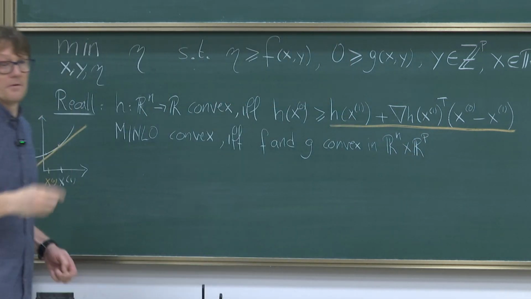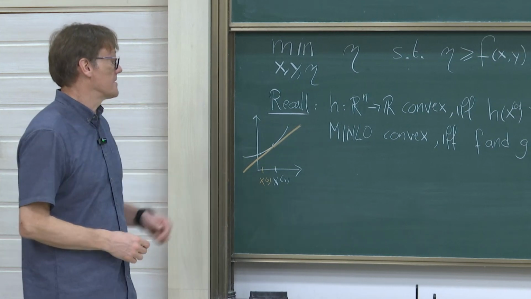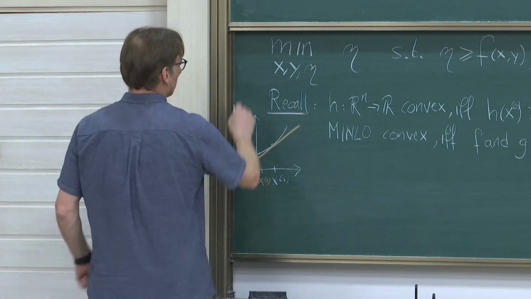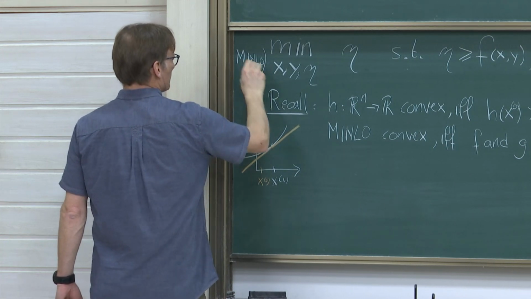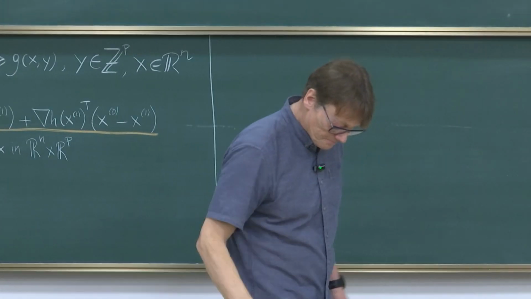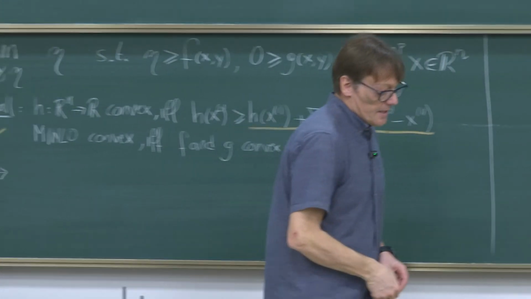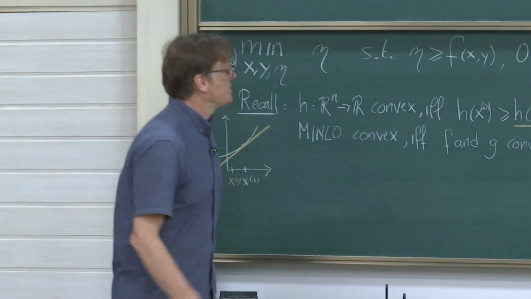So I need to form the relaxation of my integer set to define this convexity. And this one here is the problem min-low that we're trying to solve in this lecture. Good.